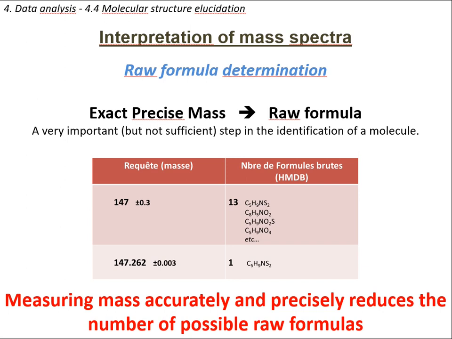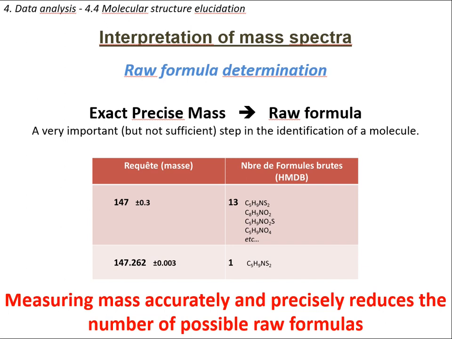So you have many candidates, but now if you are more precise and exact on the measurement of this mass, so imagine the mass is 147.262 plus or minus 0.003, then you only have one raw formula in this database that can match your compound.